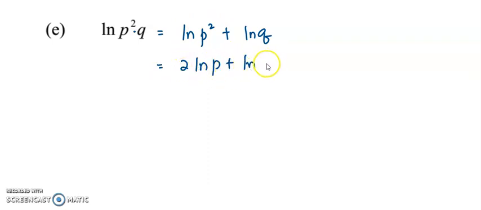Next example. Since the operation between p square and q is a multiply, then we can split them into log p square plus log q. The instruction is asking you to write in terms of log p and log q, so I'll move this 2 to the front, and it becomes the coefficient. So I got 2 log p plus log q.